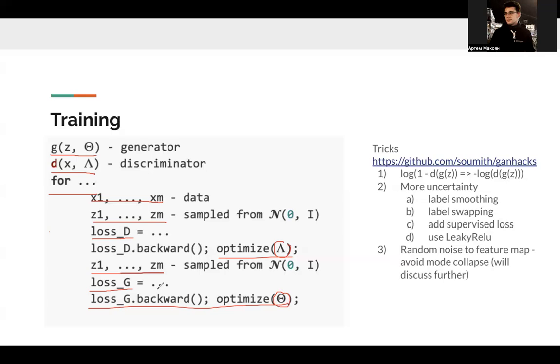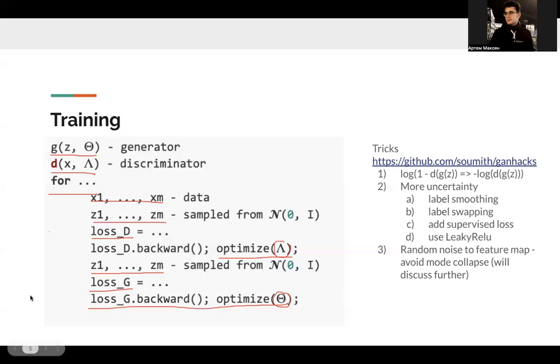So here we make the discriminator more clever, optimizing only the discriminator, so we should minimize cross-entropy loss. And here we make the generator more clever, so we should optimize minus cross-entropy loss, or we should maximize cross-entropy loss, because we work only with the generator. So now we have two steps, one for the discriminator, one for the generator.